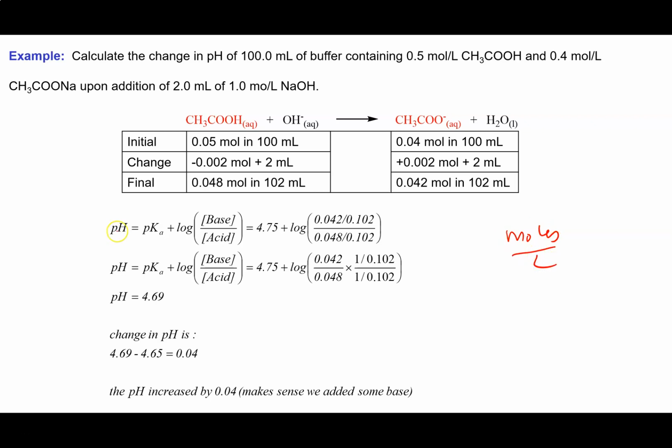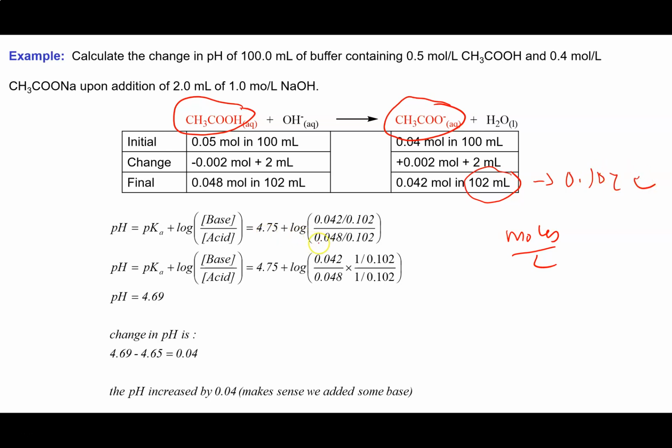So my pH is equal to the pKa plus log of my base concentration, my acetate anion concentration, divided by my weak acid concentration. And so I can go ahead and do that. So the pKa is 4.75 plus log of, and here we are, the moles of base divided by the liters of solution. All right, and because we've got 102 mils, that's just going to be 0.102 liters.